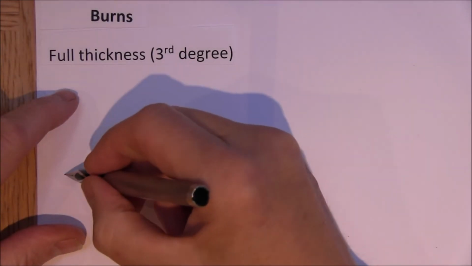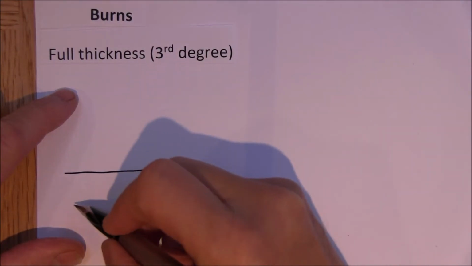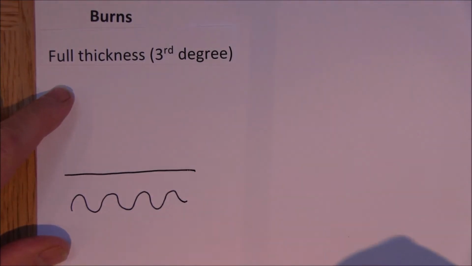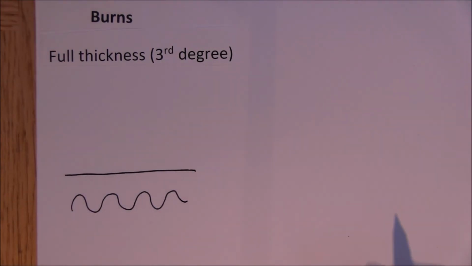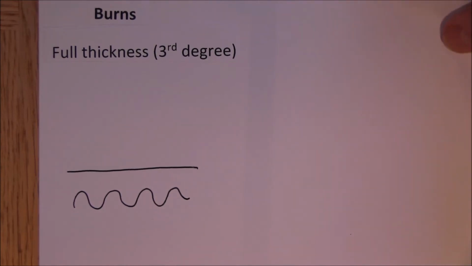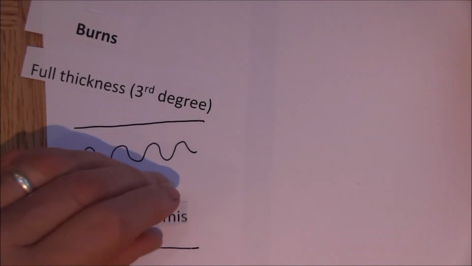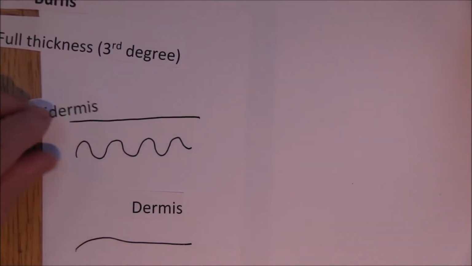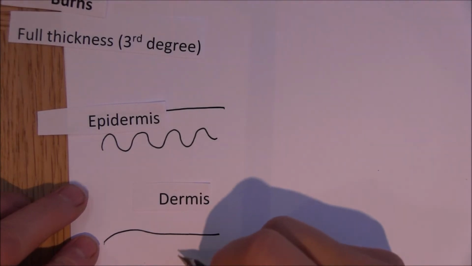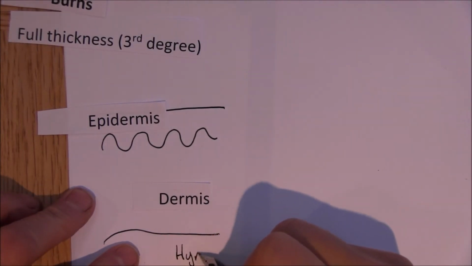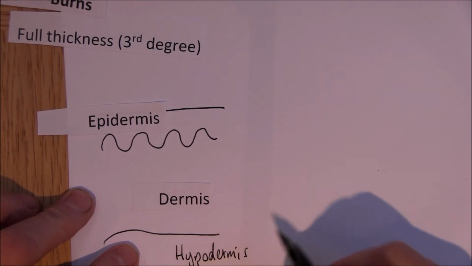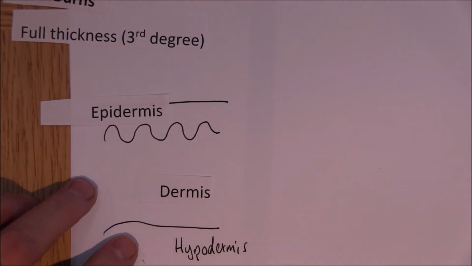As we know, we have the top of the skin, the epidermis and the dermis. So the dermis here, the epidermis here, and we have the hypodermis below here, the subcutaneous tissues below the skin.